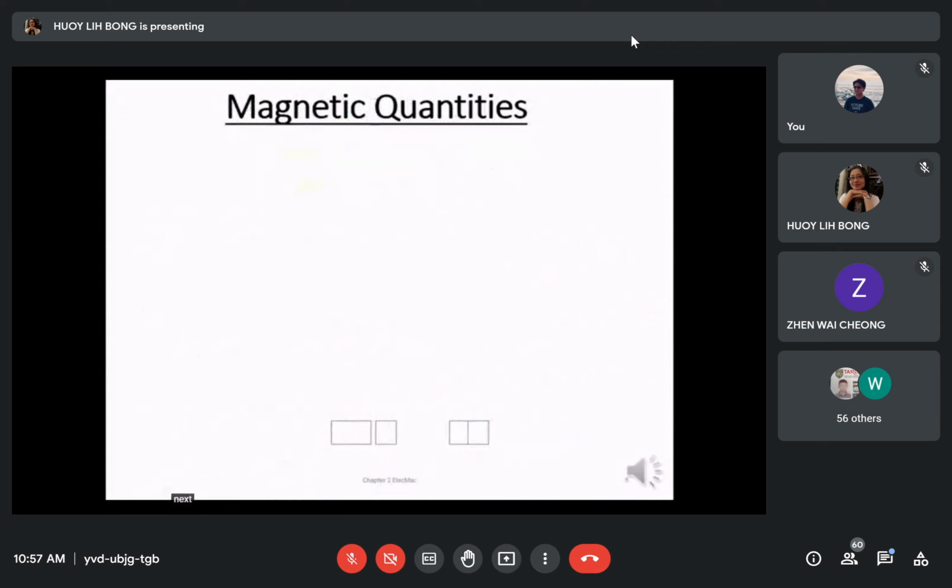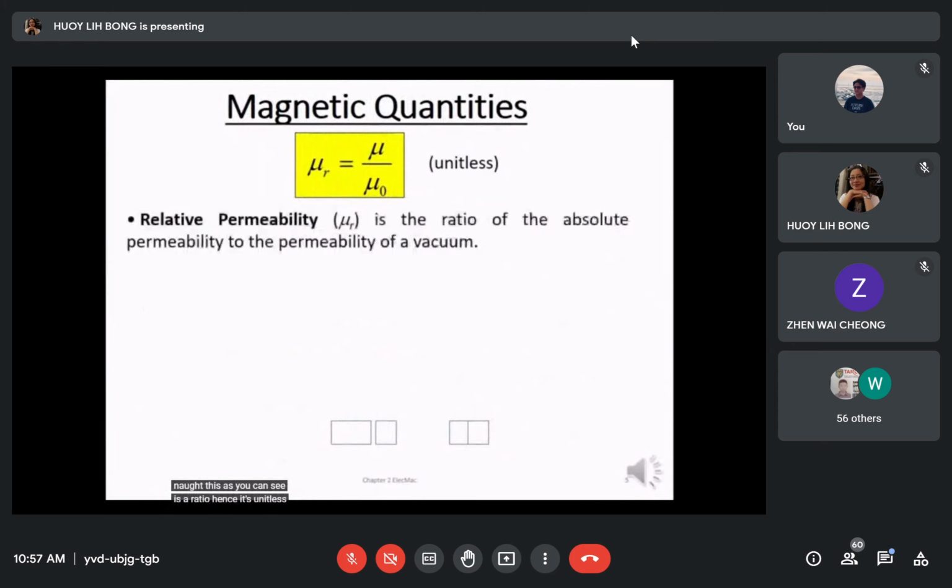Next, we have mu R equals the actual mu divided by mu naught. This, as you can see, is a ratio, hence it's unitless. Mu R stands for relative permeability, which is the ratio of the absolute permeability to the permeability of a vacuum.